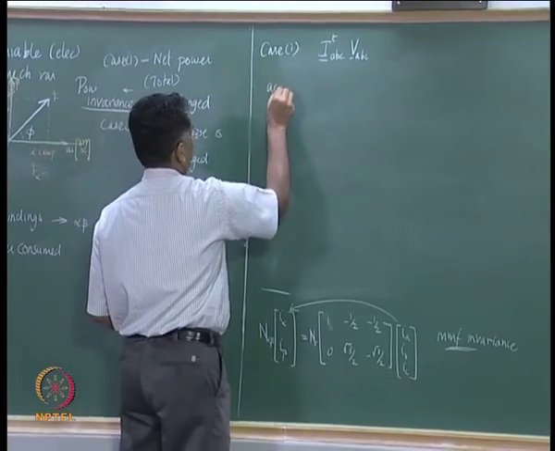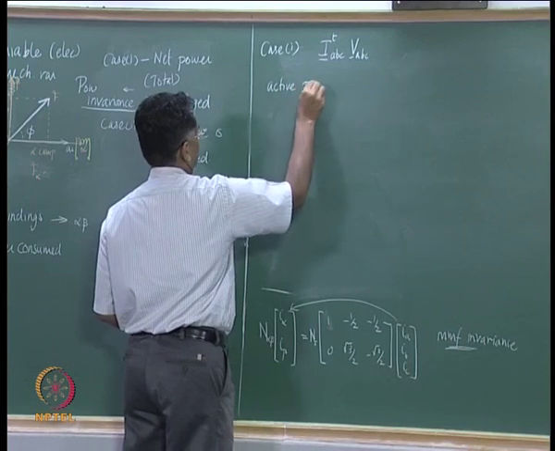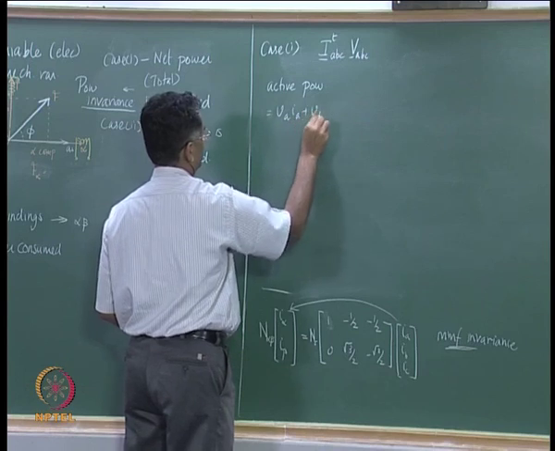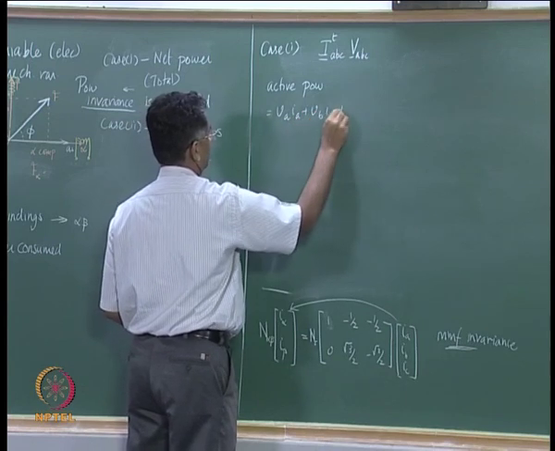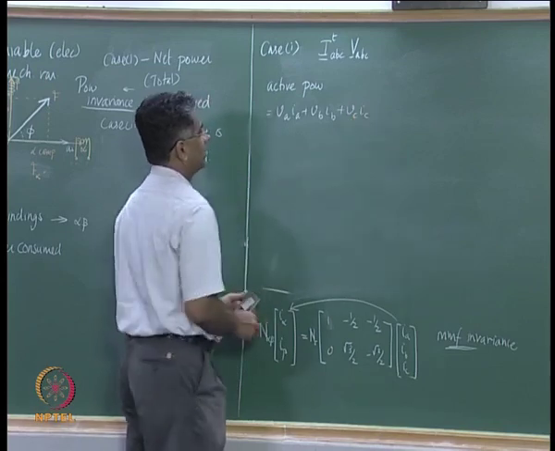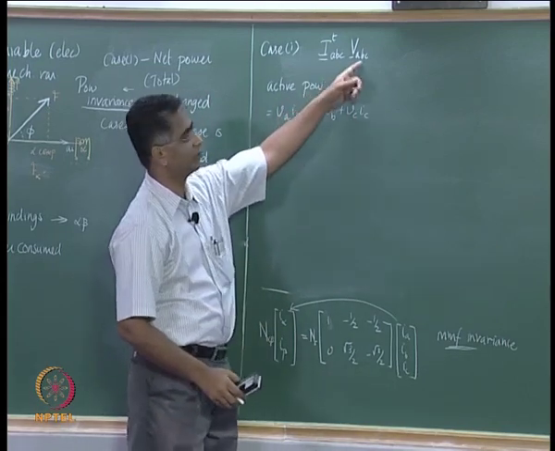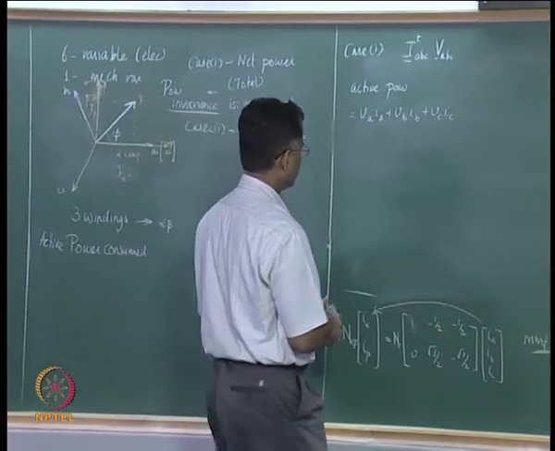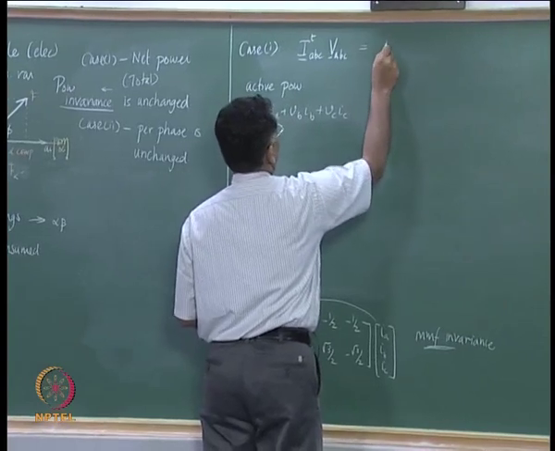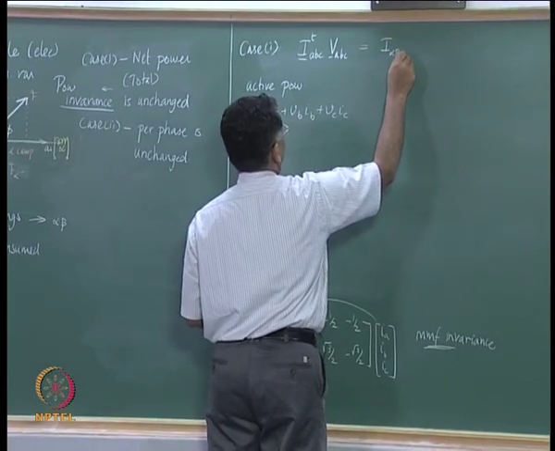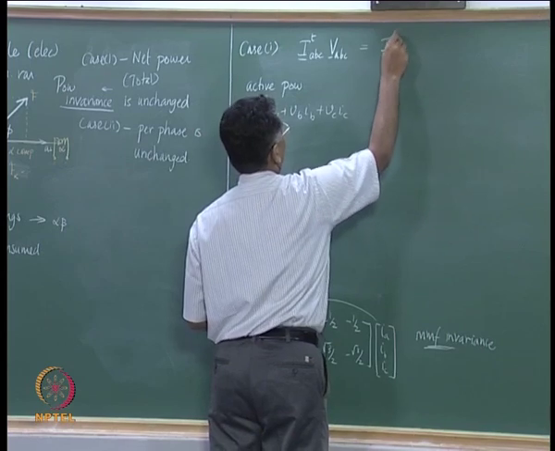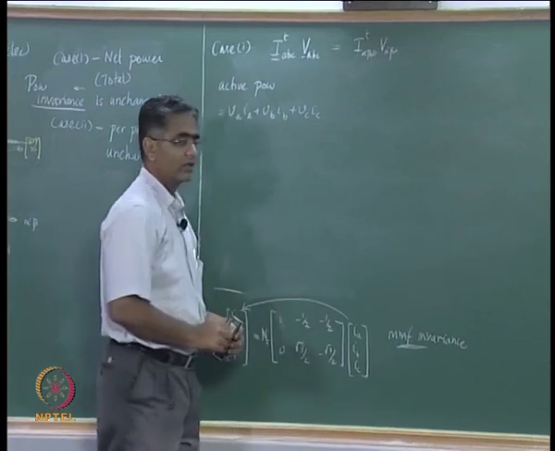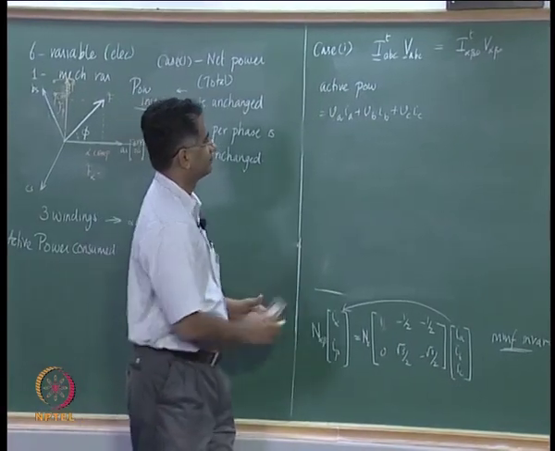Remember that active power is given by VA into IA plus VB into IB plus VC into IC, which is the same as I transpose ABC multiplied by VABC. What we are saying is this is equal to I alpha beta, now the 0 is also added, transpose multiplied by V alpha beta 0. This is what we are saying.